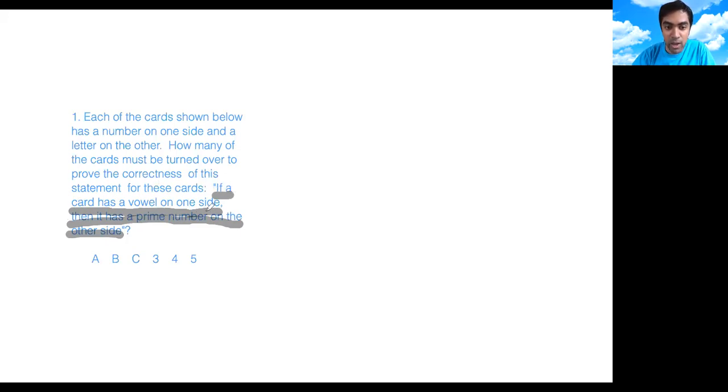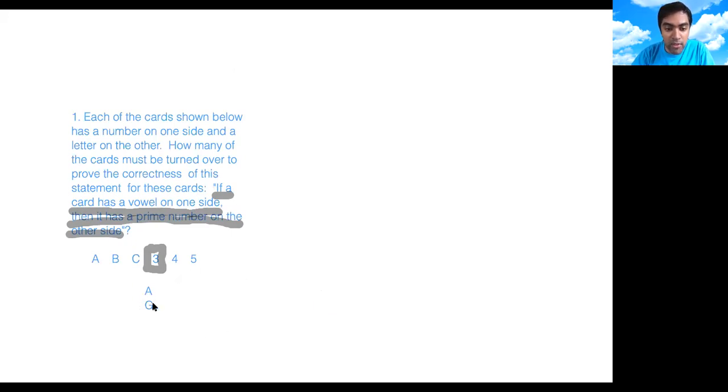In this case, we're only seeing this side being the 3, so let's think about what could be on the other side. We really care about two cases, a vowel and a consonant. Let's say A is the vowel, or G is a consonant.